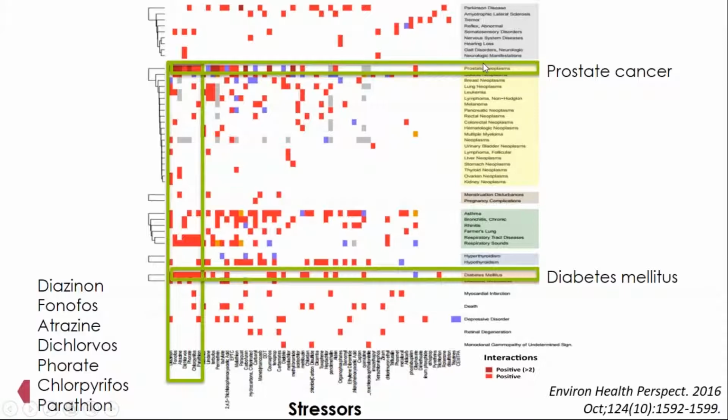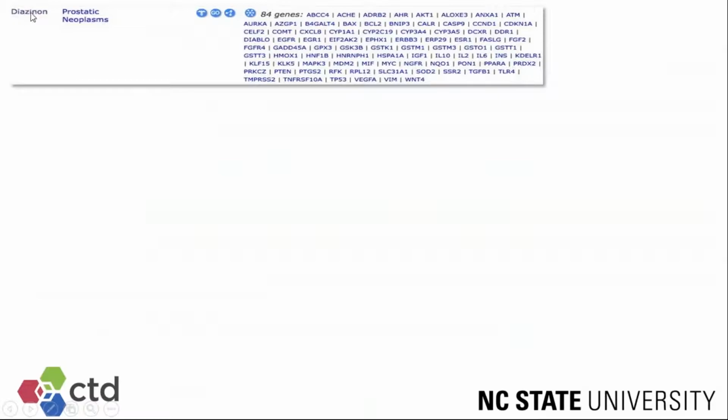In some ways the exposure data is a standalone, but because we've incorporated it into CTD, we also have all of the other mechanistic data for these chemicals, in both human and model organism studies. So you can say, this chemical was associated with prostate cancer in this epidemiological study, and this chemical and prostate cancer are associated with this collection of genes.